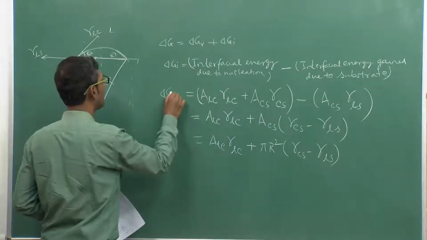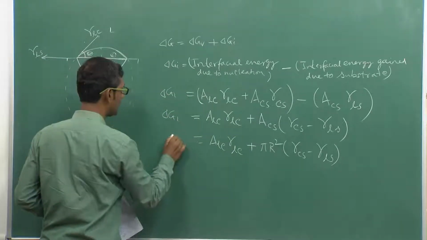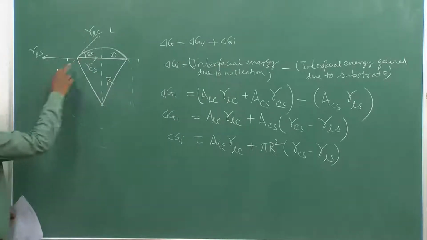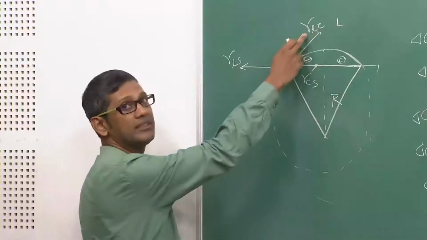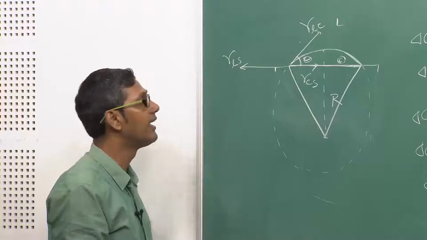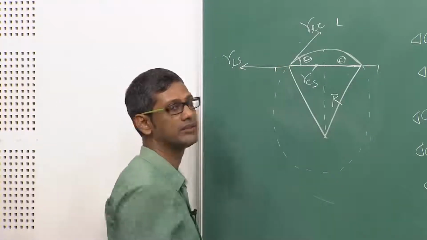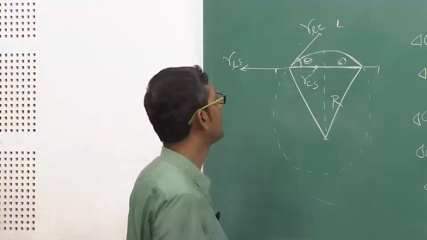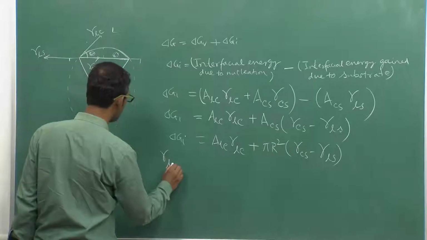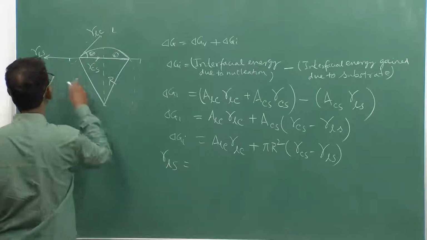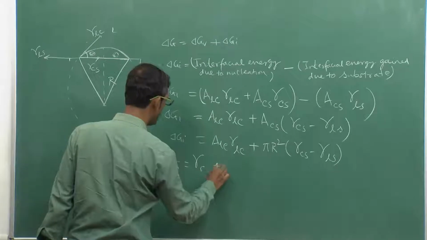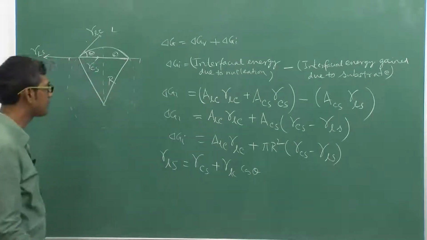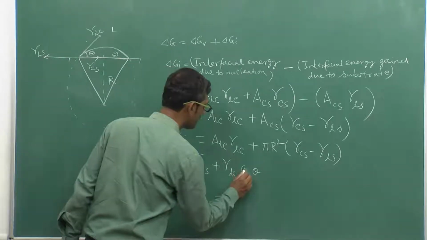That's basically my delta G_I. Now, as I told you, these three interfacial energies, gamma_LS, gamma_LC and gamma_CS, are balanced at this point. Both the vertical and horizontal components are balanced. If I simply consider the horizontal components, I can write gamma_LS is equal to gamma_CS plus gamma_LC cos theta. That's very clear because of the energy balance.